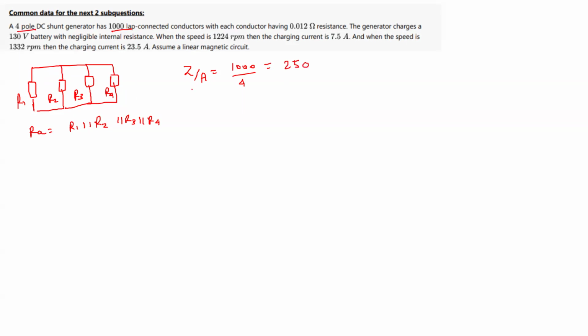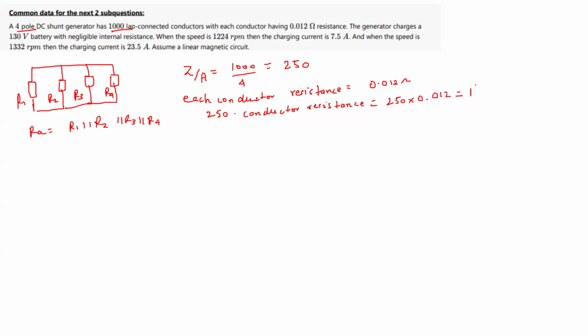Now each conductor's resistance is 0.012 ohms. So what will 250 conductors' resistance be?